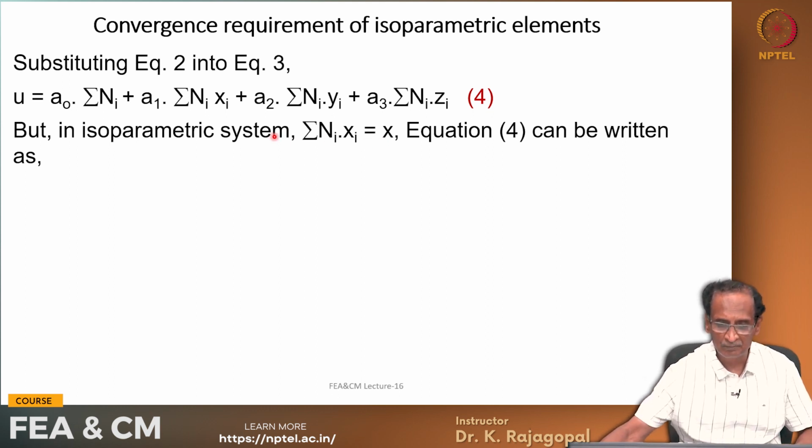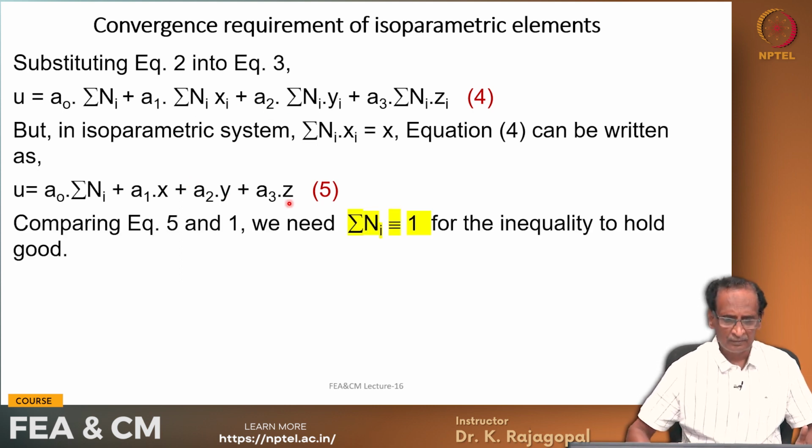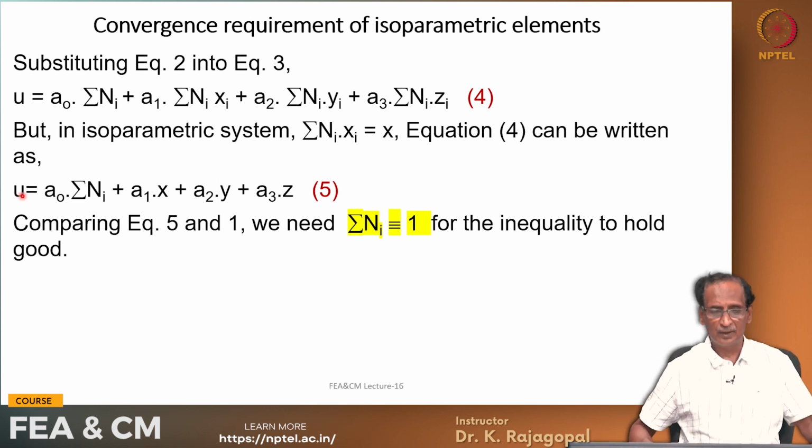So this is true for our conventional systems. So our u can be written as A0 times sigma Ni plus A1x plus A2y plus A3z. But this u is the same as what we had in equation 1.